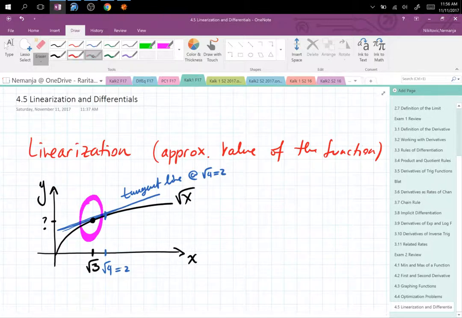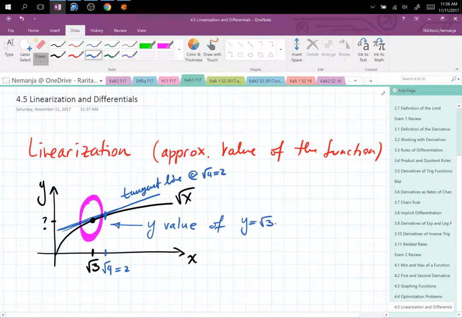Observe that the y value of y equals square root of 3 is close to computing mx plus b, where this one over here is x equals 3.